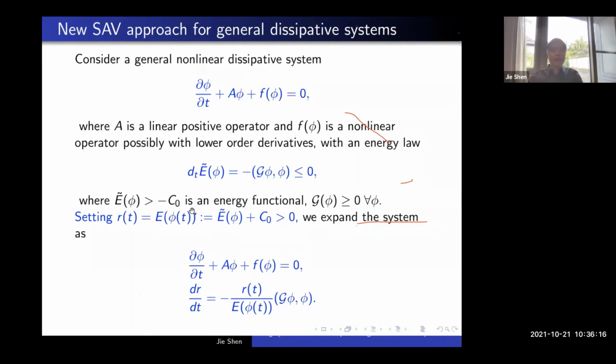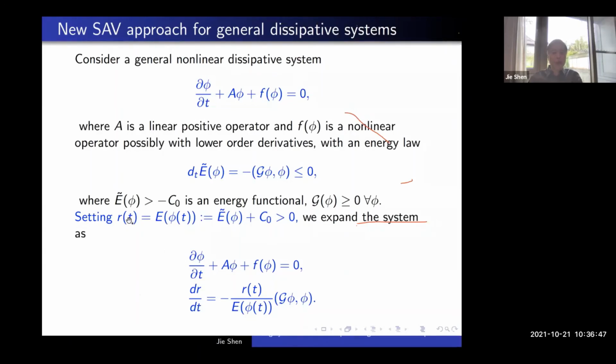And so the guiding principle is still the same. We are going to introduce a SAV, and this time I just let this SAV be the energy plus this constant. And we are going to expand this original PDE by adding this energy dissipation to the system.